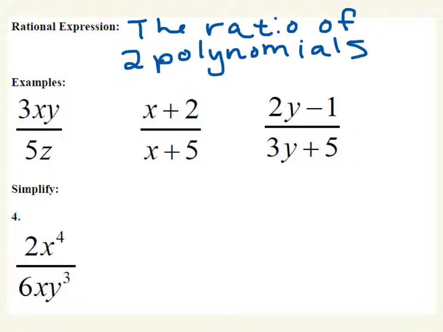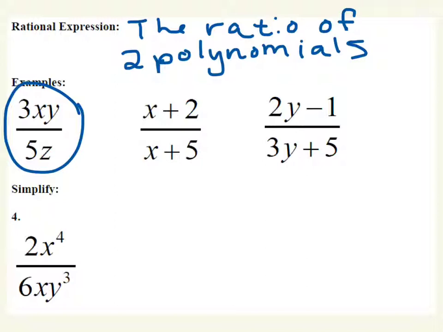And we have 3 examples right here. So for example, 3xy is considered a polynomial. It's a one-term polynomial, which we call monomials. In the denominator, we have 5z, which is also a monomial. So since this is expressed as the ratio of two polynomials, this is a rational expression.